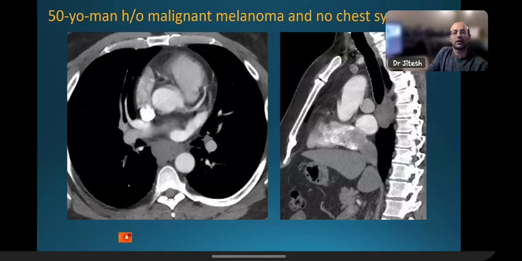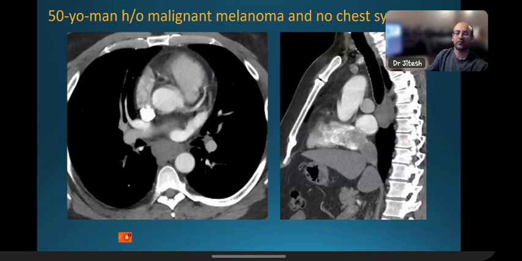All right, so this is another patient with a lesion in the visceral space next to the esophagus. This patient has a history of malignant melanoma, was getting a staging CT, and was found to have this lesion adjacent to the esophagus, but there were no chest symptoms. So asymptomatic patient.